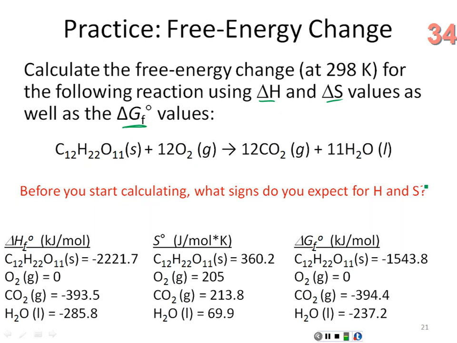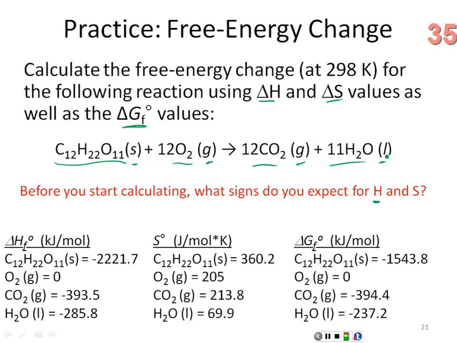So this is a reaction of a hydrocarbon, a sugar molecule, plus oxygen, going to CO2 and water. That's a combustion reaction. Think about what you know about combustion. It gives off heat. So we'd expect delta H to be negative. Let's look at delta S. We have 1 mole of solid plus 12 moles of gas, and we get out 12 moles of gas and 11 moles of liquid.